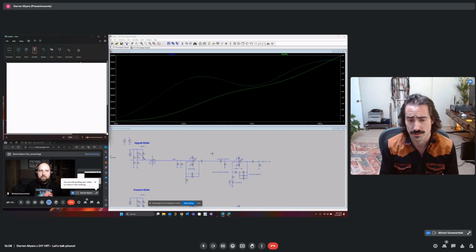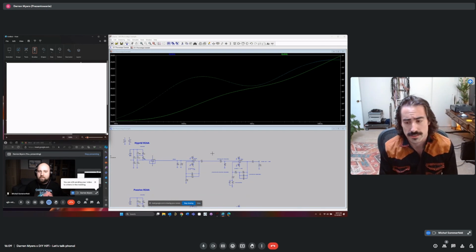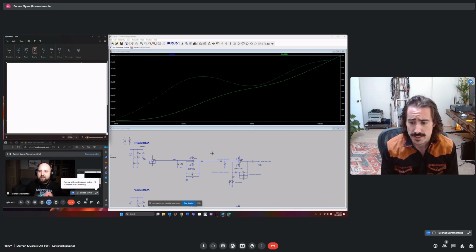I'm going to walk through different ways of implementing the EQ, the RIAA EQ, and also how you would do calculations for gain and where we place gain, how the loading affects cartridges. We'll talk about that. We will talk about the accuracy of the curve.